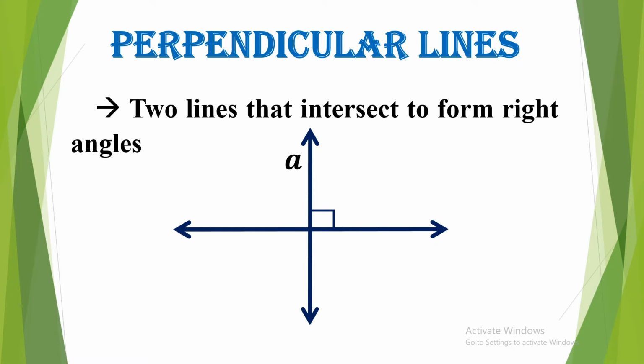Now, if the vertical line is named as line A and the horizontal line is named as line C, then we write line A is perpendicular to line C. In symbols, we have this one. So the symbol for perpendicularity is an inverted capital letter T. So again, this is read as line A is perpendicular to line C.